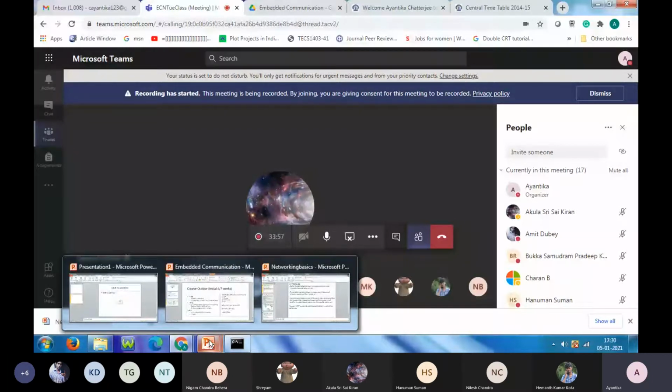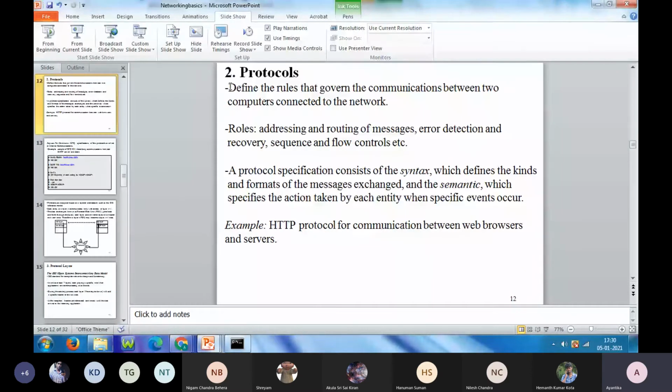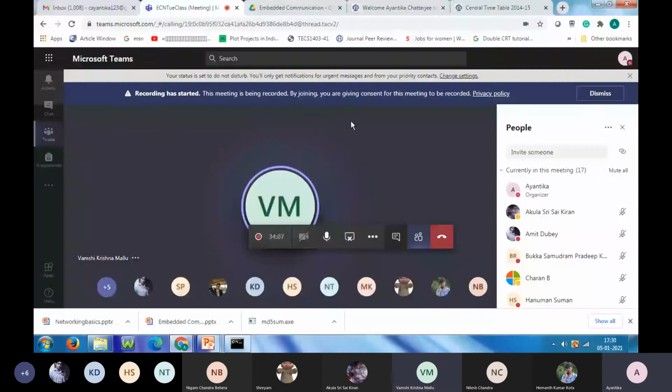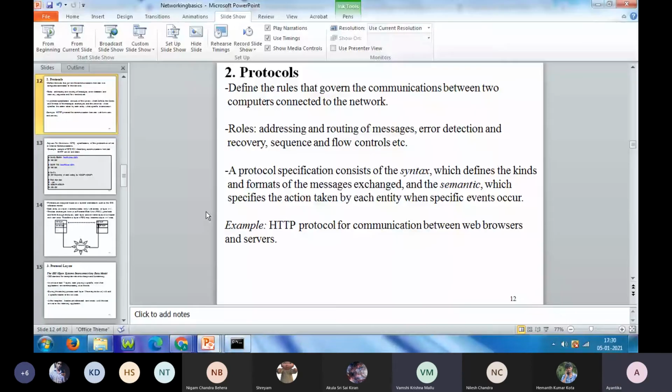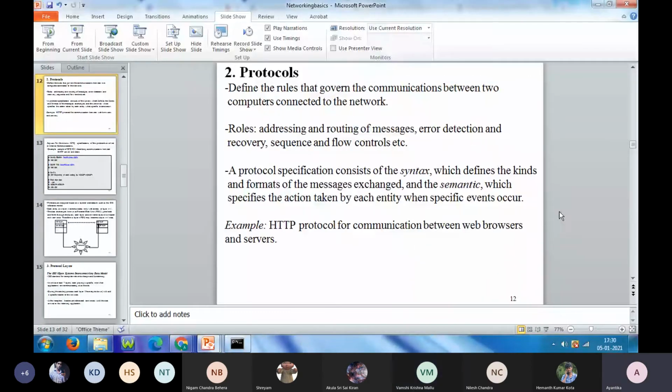Hello, ma'am. In the diagram, what are frame relay and ATM doing? ATM, right? Asynchronous transfer mode.